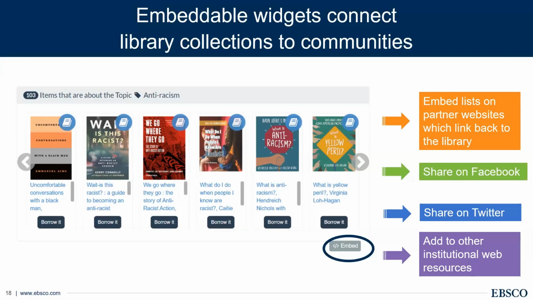Anywhere where a person has a website and they are able to embed the HTML code in an iframe, you now have the option of sharing that so that they can have this preview of everything you have at your library available to them.